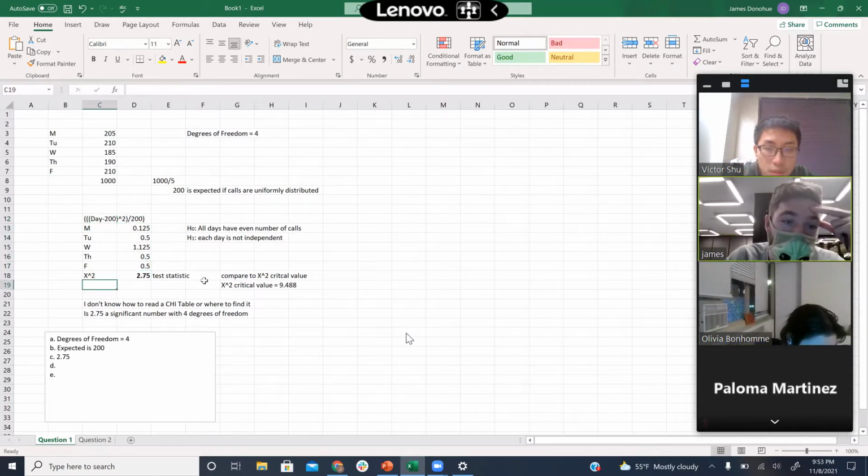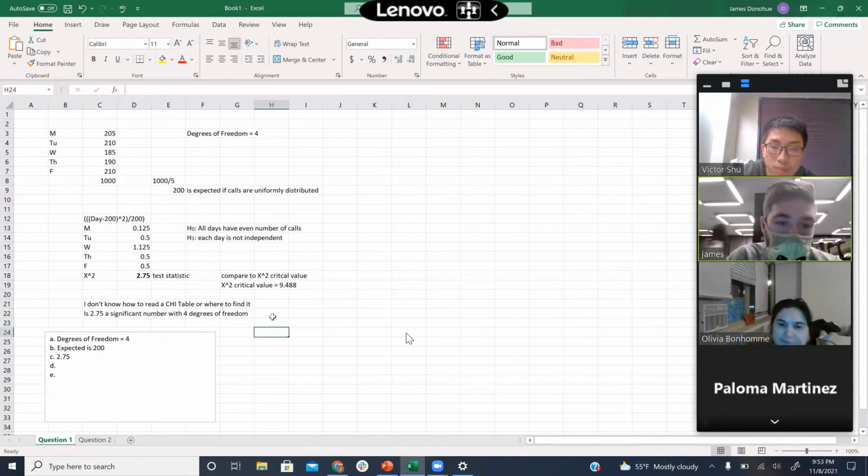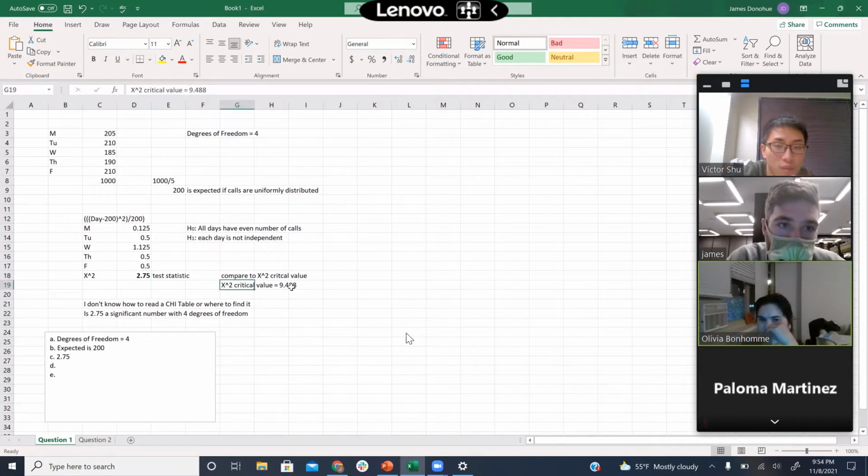Now that I have the test statistic and the critical value from the table, do we subtract the two? No, it's similar to a z-score test or t-test. As long as your test statistic is less than the critical value, you fail to reject the null hypothesis.